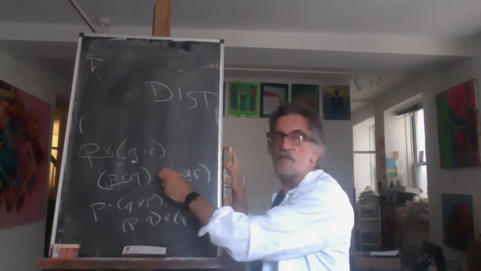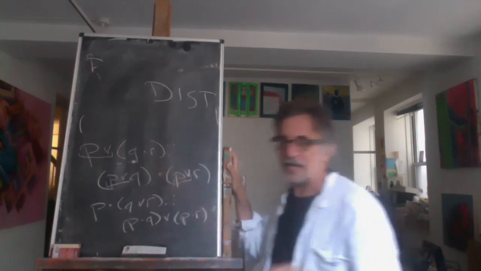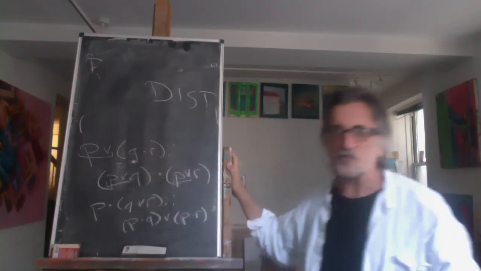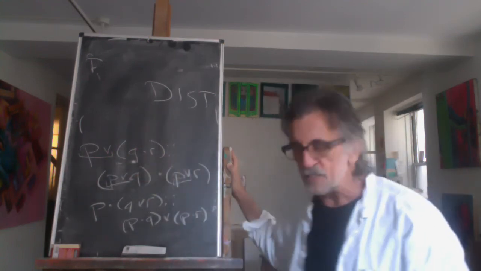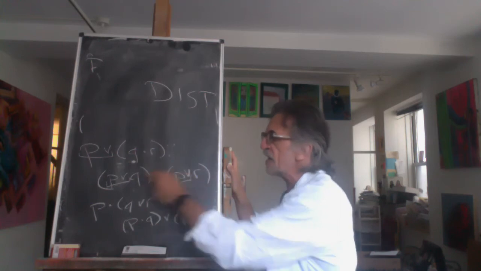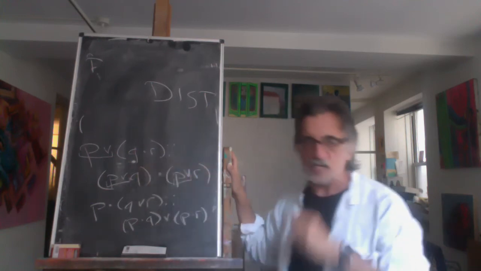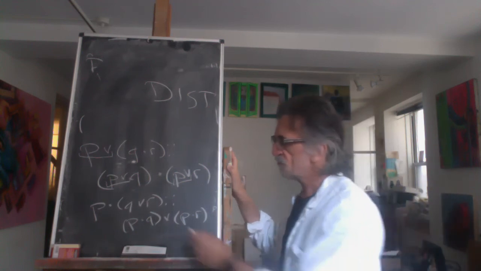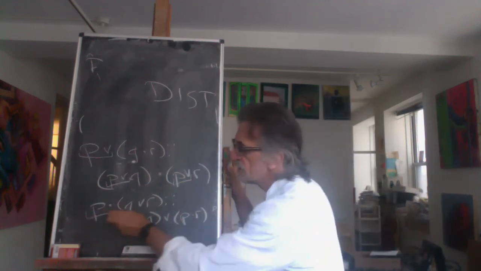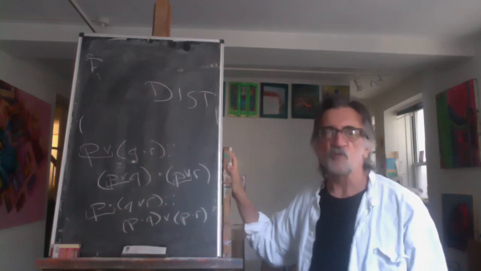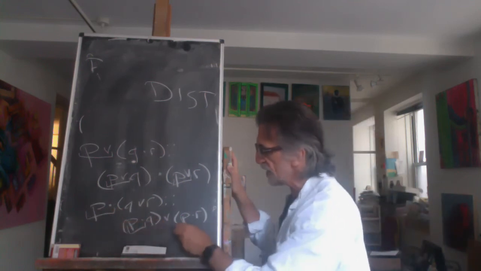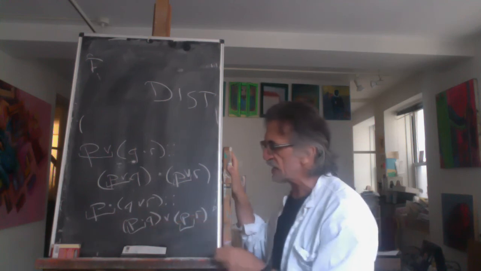Then how do you remember this is an and? Well, it can't be an or, okay? You've got two different connectives at work in this statement, and you're going to have two different connectives in the long distributed version of the statement. Here, the P comes right next to the and. And guess what? The P is next to the and here, and the P is next to the and here.